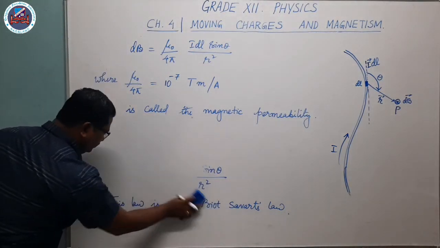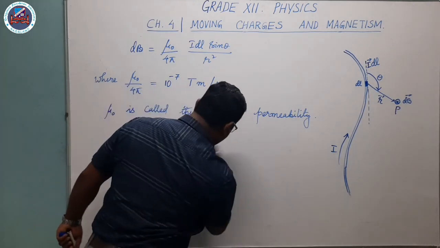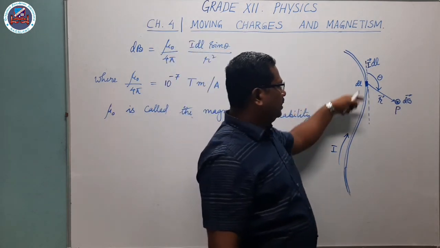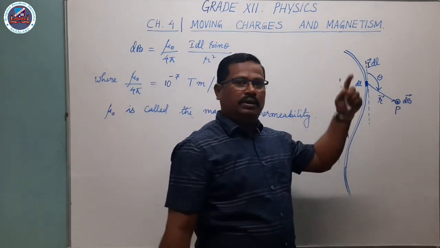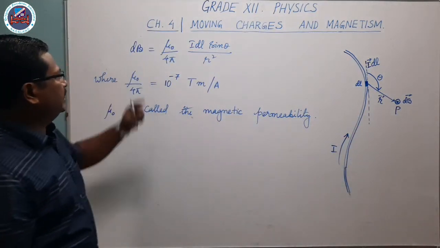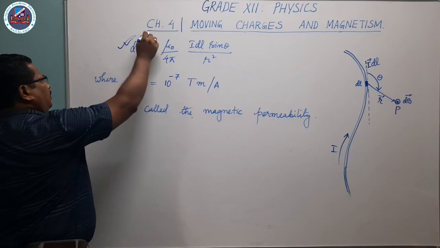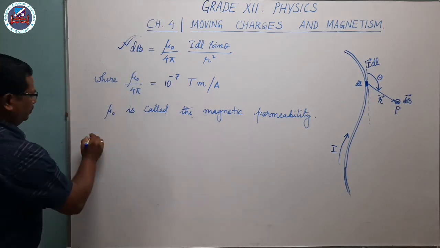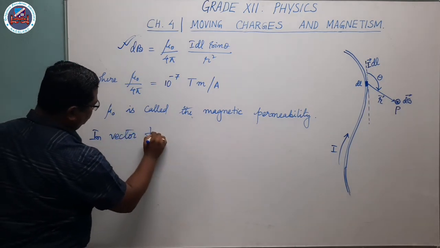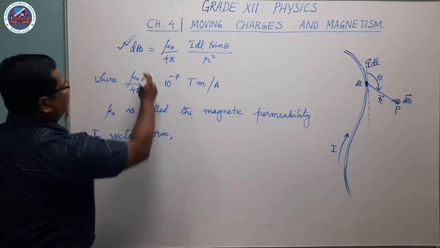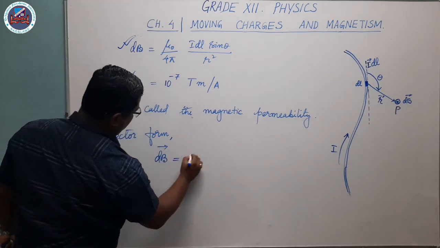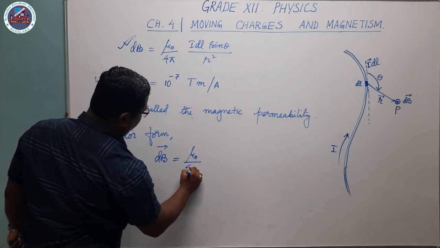Now, with this law, you can find out the magnetic field near a straight conductor, curved conductor, circular conductor. Everywhere we can find out using this formula. This one we will take as a formula. This Biot-Savart's law, if you write in vector form, then dB will be written with an arrowhead, a vector quantity. This is mu naught divided by 4 pi.